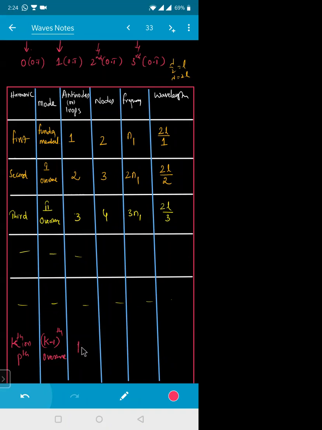Antinodes will be equal to how much? K. Nodes will be equal to how much? K plus 1. And frequency will be equal to how much? K times F1. Wavelength will be equal to how much? 2L divided by K. Clear? I hope you're clear about your overtones.